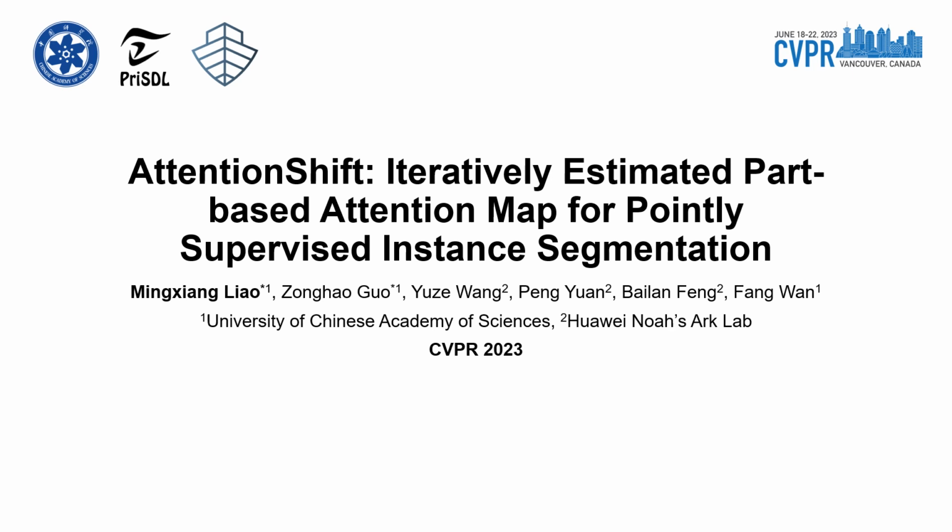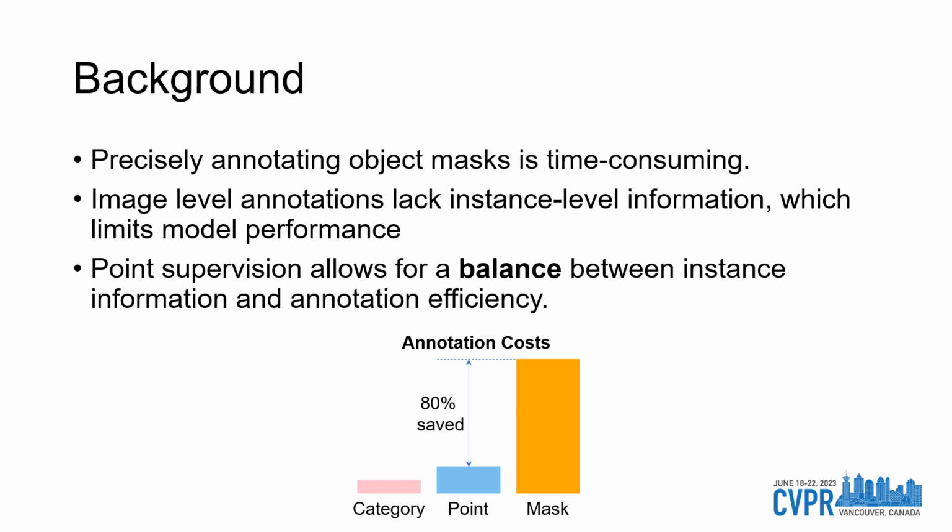Instance segmentation is a crucial task in the field of computer vision. However, fully supervised instance segmentation methods heavily rely on pixel-level annotations of objects, leading to high annotation costs and limiting their scalability on massive datasets. Image-level category annotations can substantially reduce the annotation expenses.